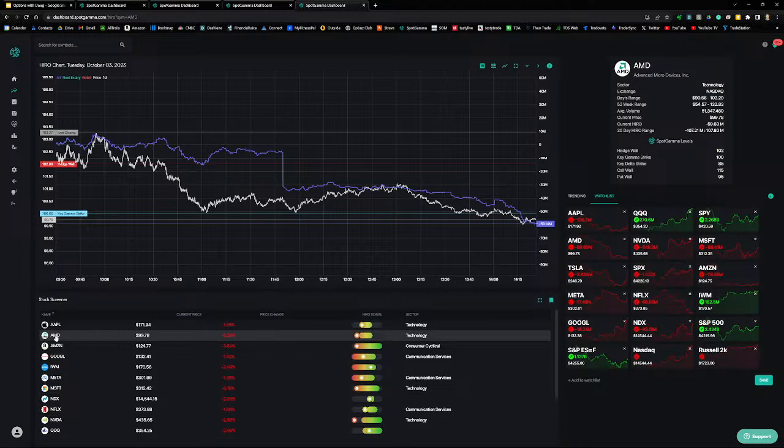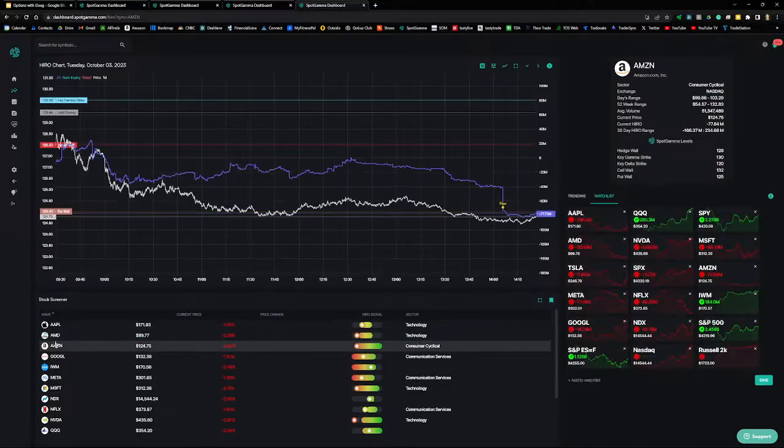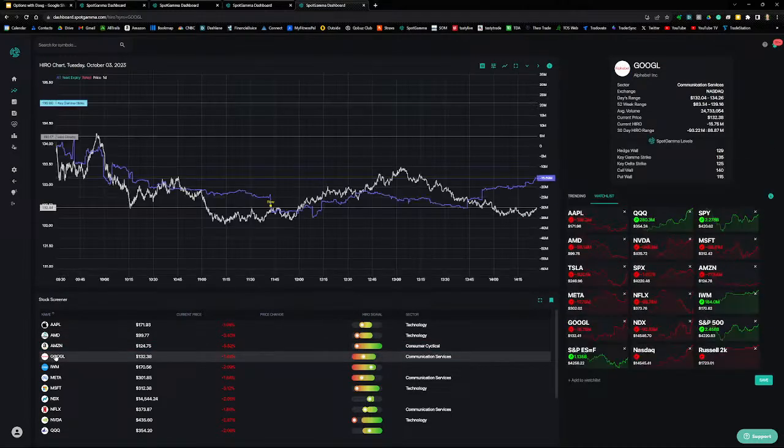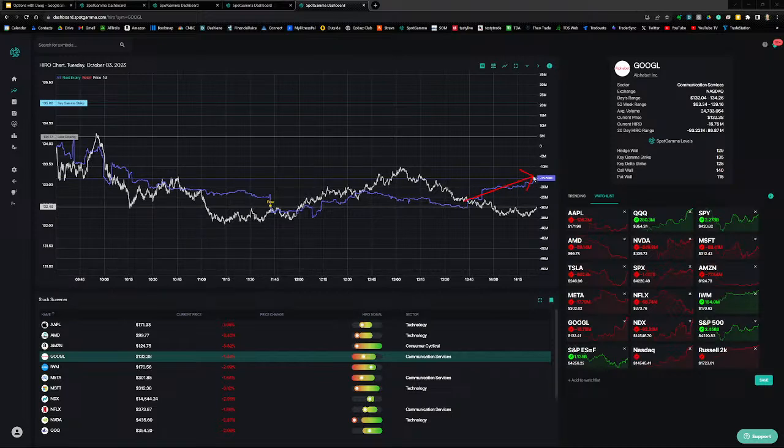AMD as well continues to move lower. Amazon. Looks like in Google now, some options traders are starting to take positive delta positions, shown by the uptick in the Hero line there.